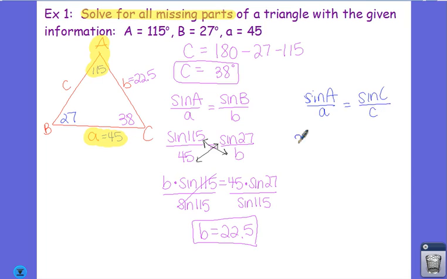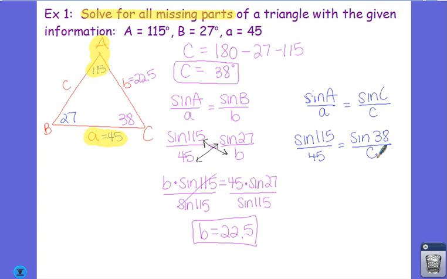So the A part, sine of 115 over 45, equals the sine of C, which is 38, divided by little c that we don't know.